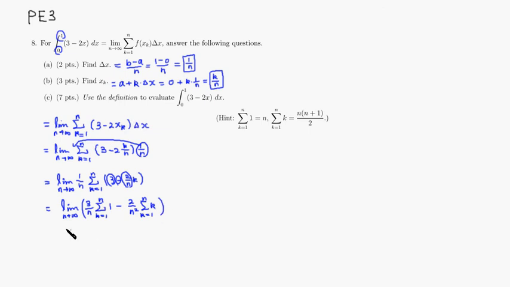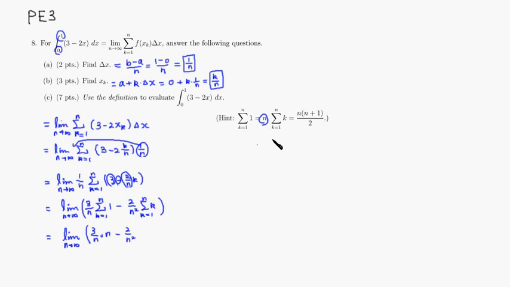So we have these. The good thing is each summation has a formula. So you have the limit as n approaches infinity of 3 over n times the summation of 1, which is n, so we put n here, minus 2 over n squared.